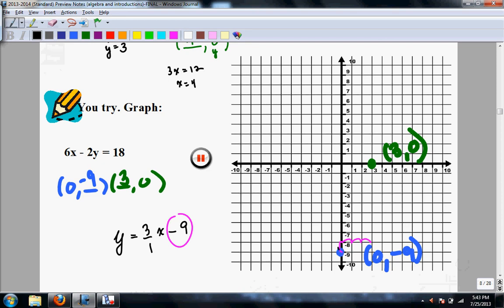So it's going to be rise 3, run 1, and if you graph the line, you can see it goes directly through the intercepts. So you can use intercepts, or you can use y equals mx plus b.